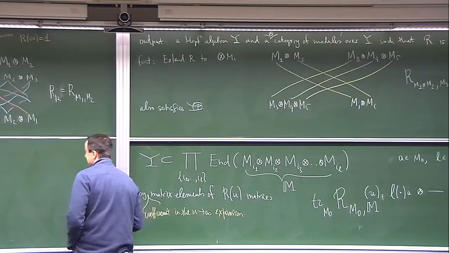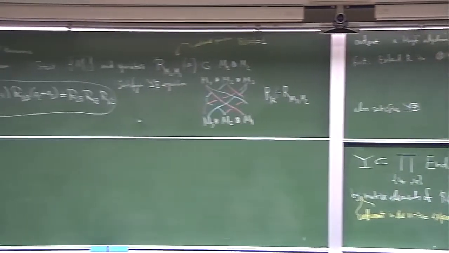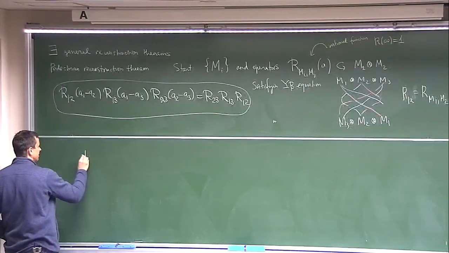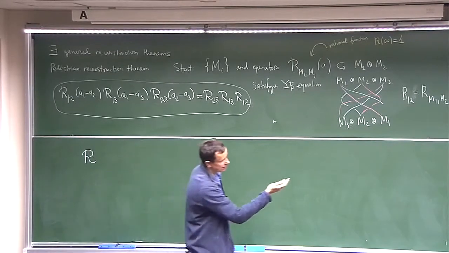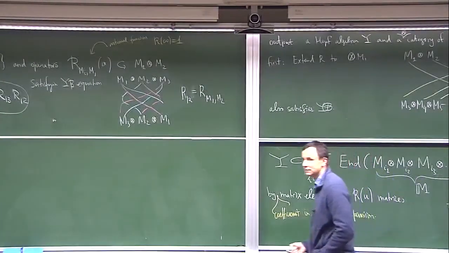But what does it mean concretely? That if I take my R matrix, it's an operator which has somehow two entries, right?